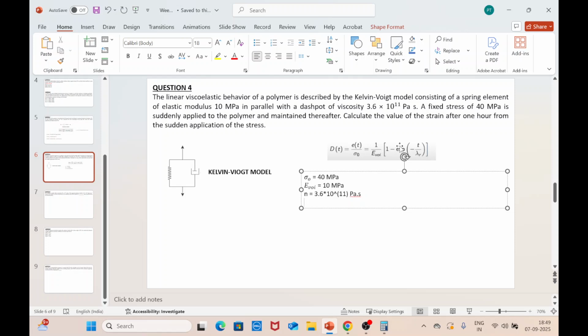Then t, which is nothing but 1 hour, or 1 hour is nothing but 3600 seconds. Based on this, you are supposed to calculate the strain after 1 hour. If you divide the strain by that fixed stress, you get your compliance.